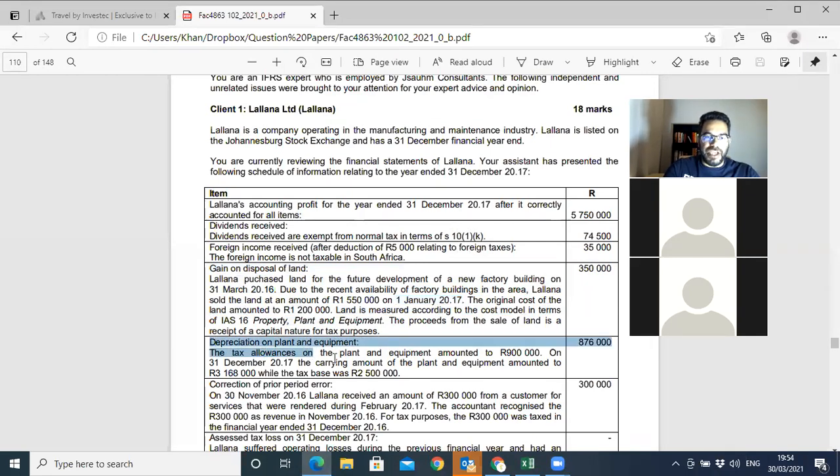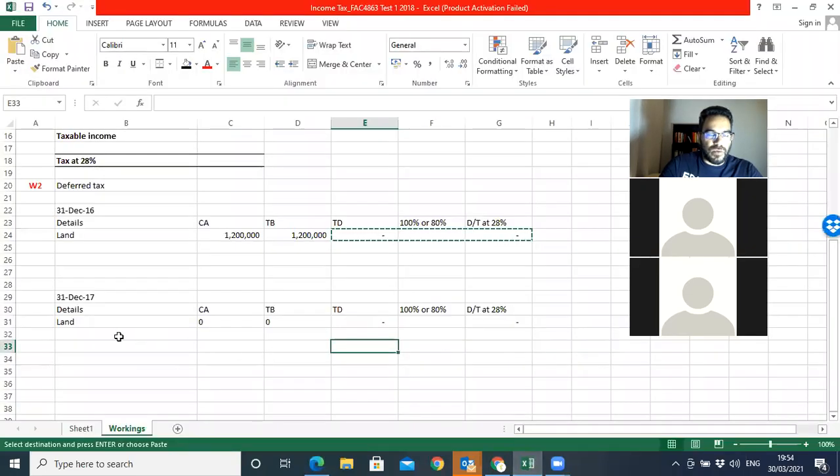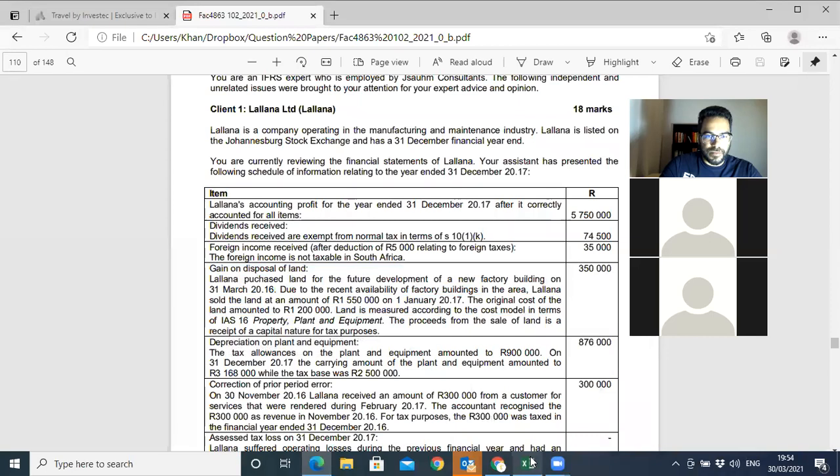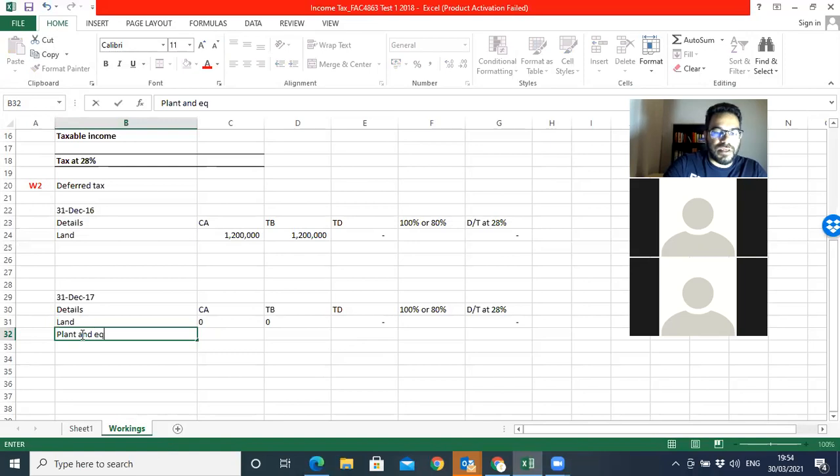Next line, depreciation. Over here, they mention a tax base and a temporary difference. What are they saying? The tax allowances on the plant and equipment amounted to 900,000 in the current year and 876 at 31 December. Our carrying amounts at 31 December 2017: plant and equipment.